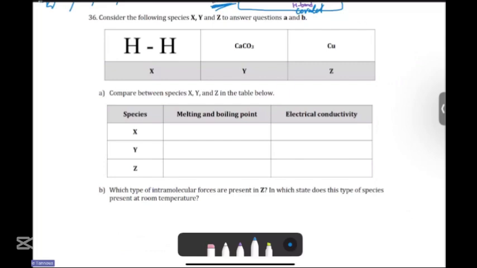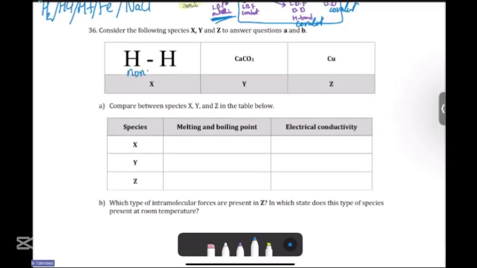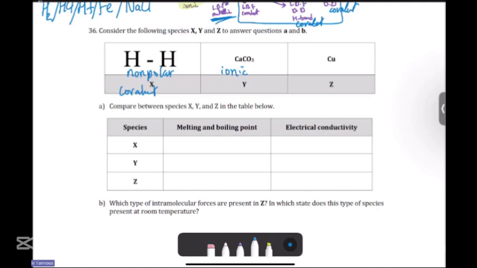Finally, the last question. This is nonpolar. Always think about nonpolar covalent. This is ionic, metal, non-metal. This is metallic. Okay. The melting and boiling point, we're talking about properties of ionic is always high, and of metallic also is high.